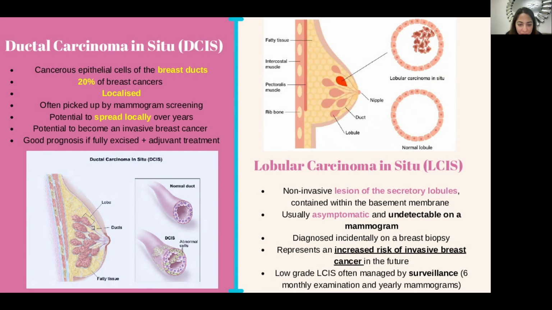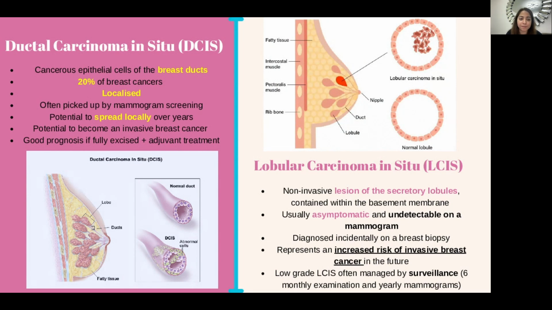As you can see in the image, they grow in the actual ducts themselves. And then moving on to lobular carcinoma in situ, they're again a non-invasive lesion of the lobules, and they can be quite asymptomatic and sometimes undetectable on a mammogram. They're usually incidentally diagnosed on breast biopsies.